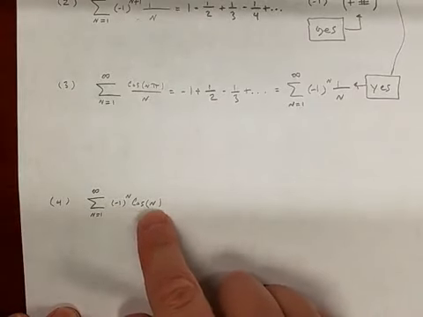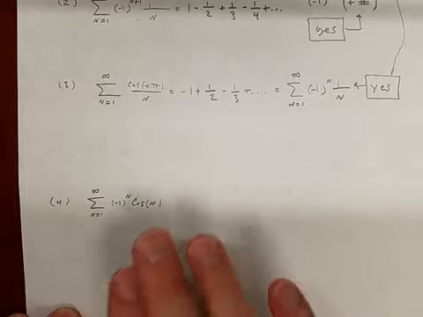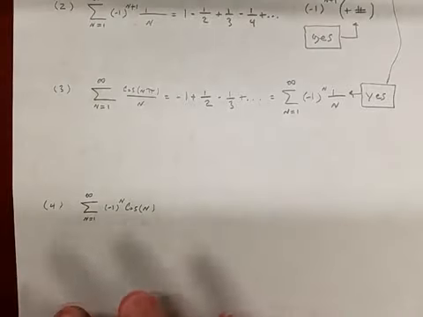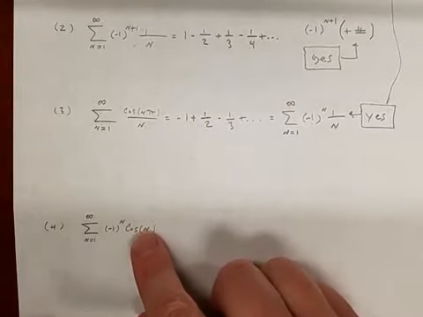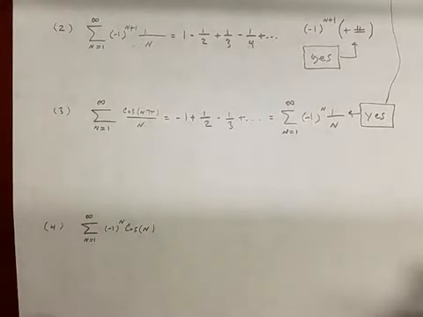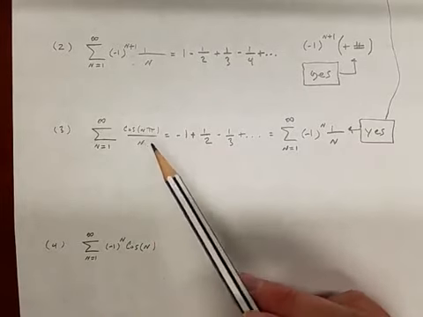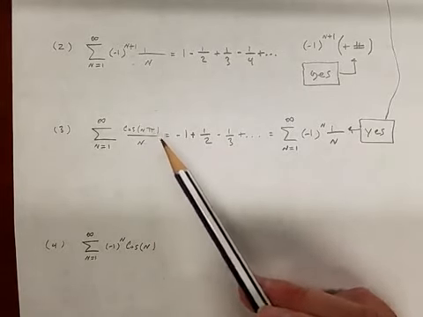But will cosine of n, will that stay the same? Is that consistently positive, for example? Well, cosine of n is different than cosine n pi. You're going to get cosine pi, cosine 2 pi, 3 pi.